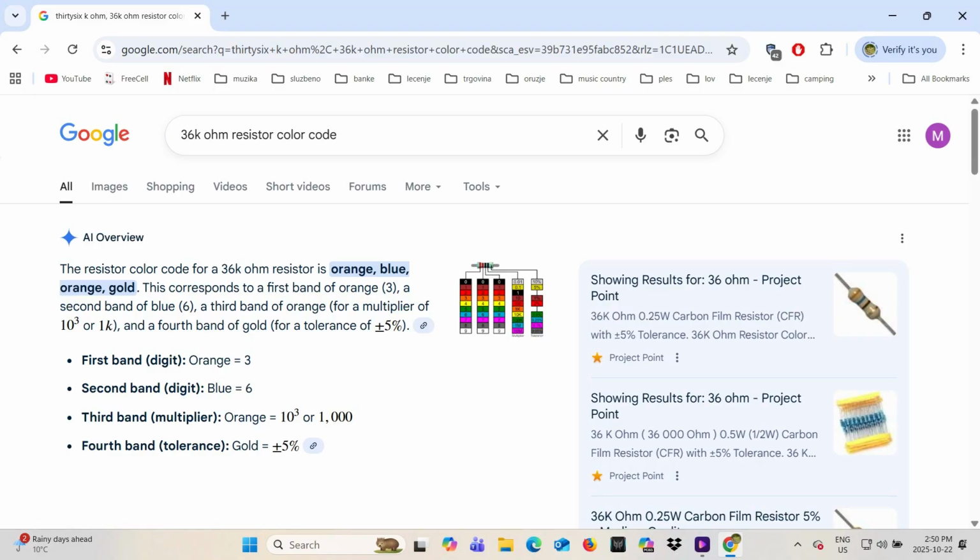This corresponds to a first band of orange, 3, a second band of blue, 6, a third band of orange, for a multiplier of 10 to the power of 3 or 1K, and a fourth band of gold for a tolerance of 5%. First band, digit, orange equals 3 second band, digit, blue equals 6 third band, multiplier. Orange equals 10 to the power of 3 or 1000 fourth band, tolerance, gold equals 5.